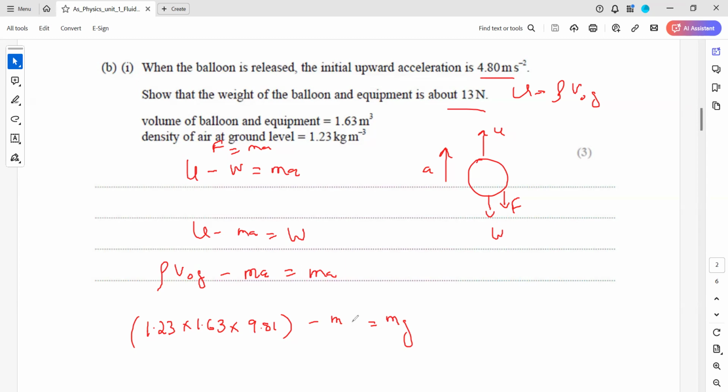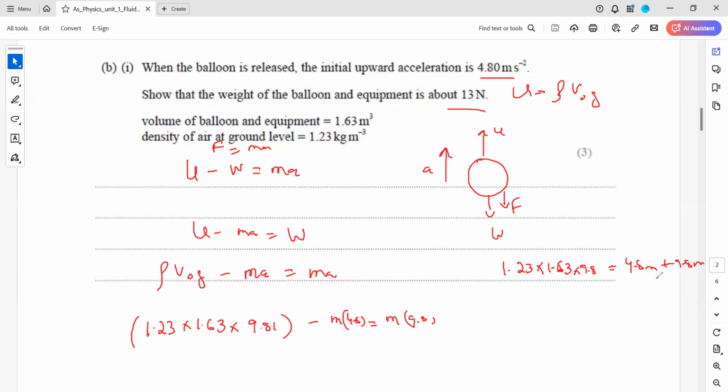So this will be m into 4.8, and this will be m into 9.8 or 9.81. This will move to the other side. So we'll have 1.23 times 1.63 times 9.8 equals 4.8 m plus 9.8 m.